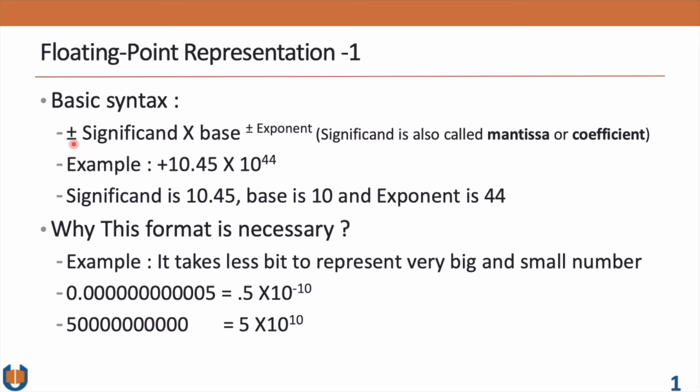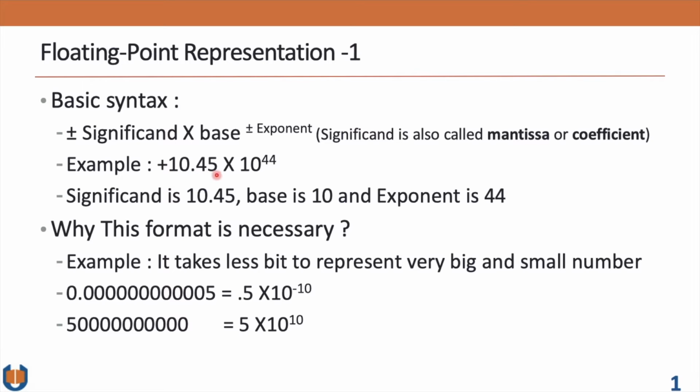Well, so we know the basic syntax is plus minus significant times base to the power exponent. Okay, so let's have an example: 10.45 times 10 to the power 44. Let's extract the significant, base and exponent from this example.